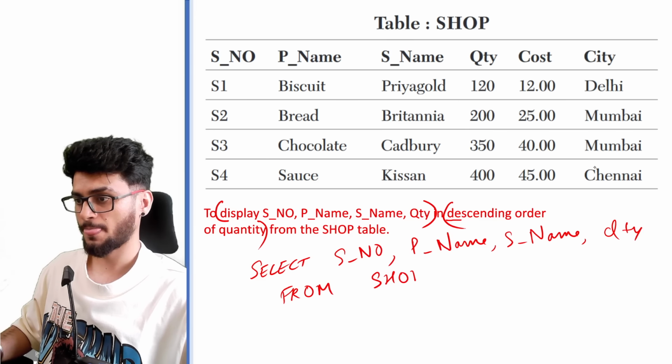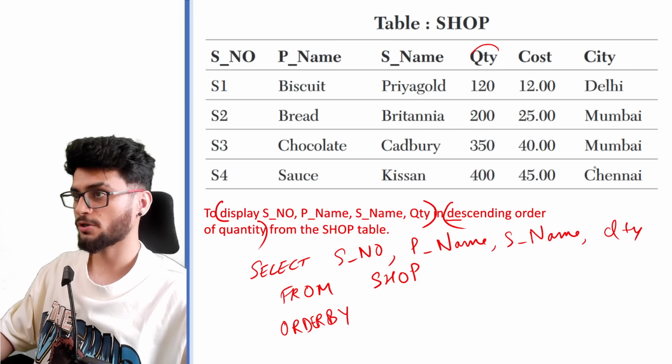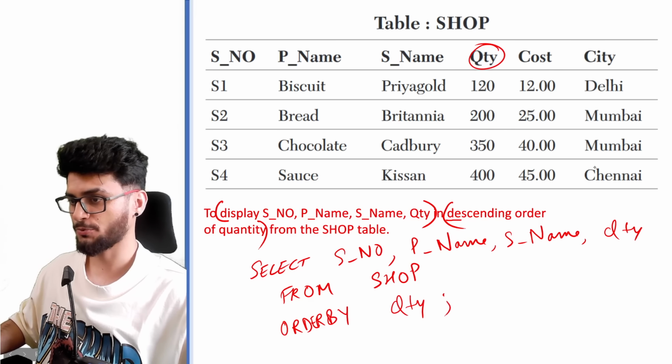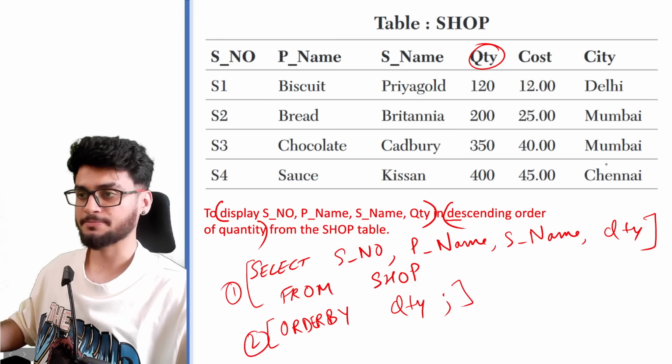From shop. And we need to order it by descending order of quantity. So QTY. I hope you were able to understand this. This was the first part. Sorry for the bad handwriting, but this is the first part and this is the second part. So with this, we have completed the second question. I hope you are getting an idea on how to write the query. Select statement is again very important to you.